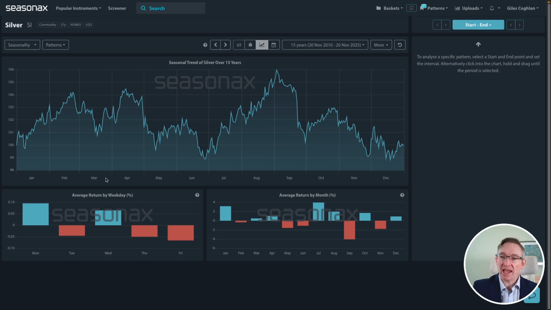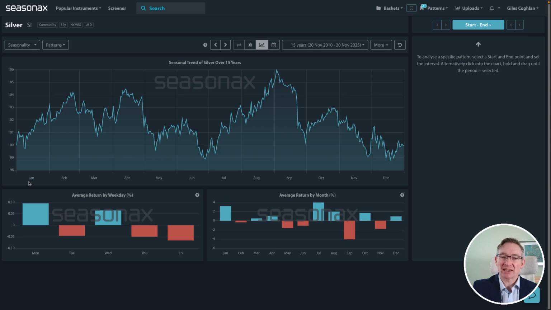First, look at the X, the horizontal axis along the bottom. This horizontal axis simply shows the calendar year running from January on the left-hand side of the screen through to December on the right-hand side. Now, it's not showing specific years.